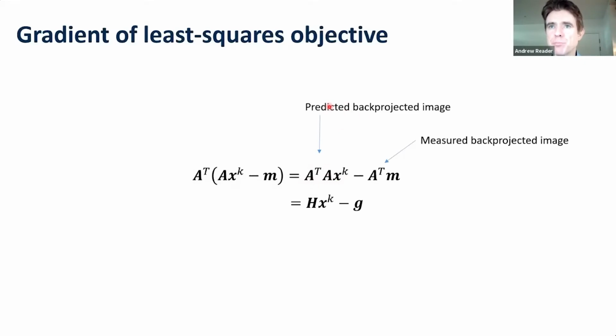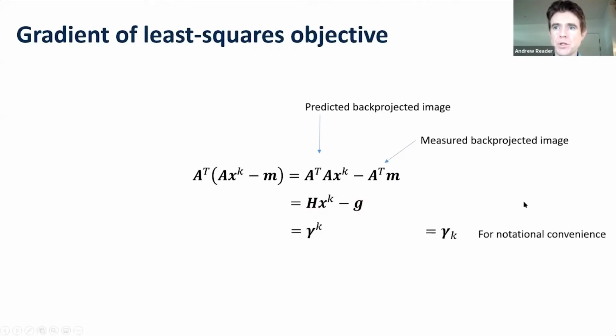And you compare that predicted back projected image to the measured data, which has been back projected. And so this can be more compactly written as follows. In other words, just run x through this large square matrix A, which, if you like, is modeling the back projection process in one go, and compare it to the back projected data g.